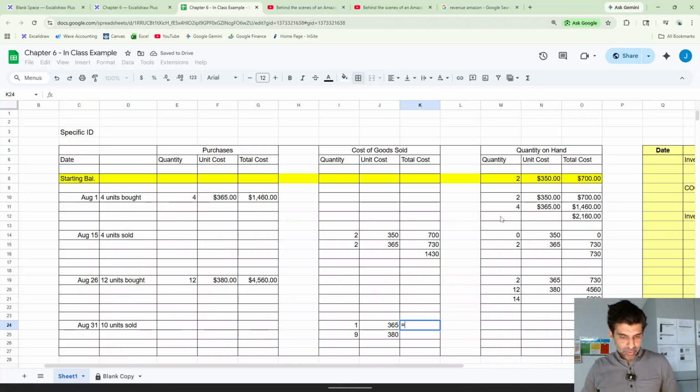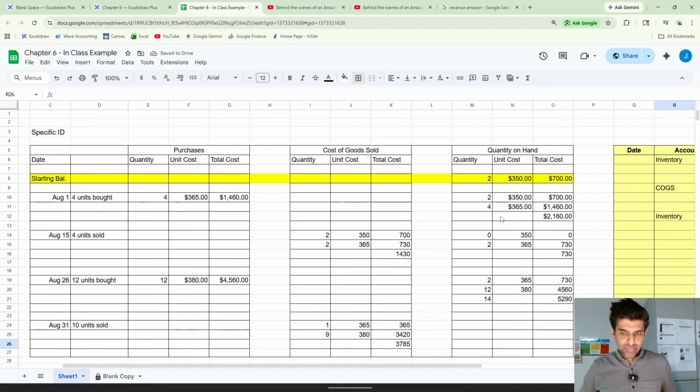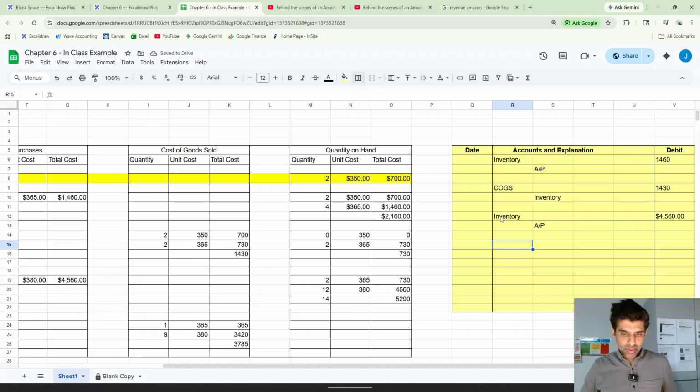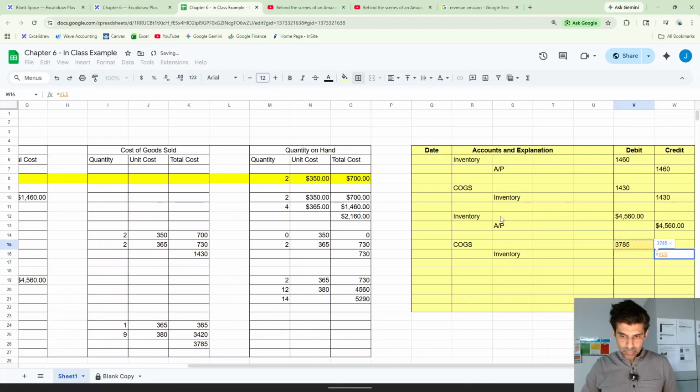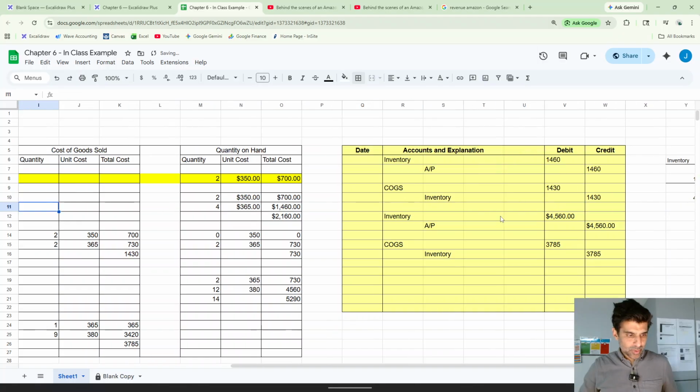Okay, so the cost of goods sold is 3785. Debit cost of goods sold, credit inventory.